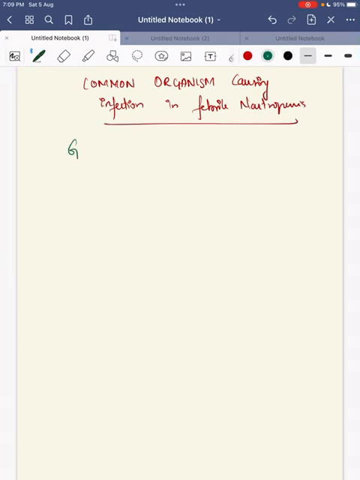The first group is gram positive cocci and bacilli.